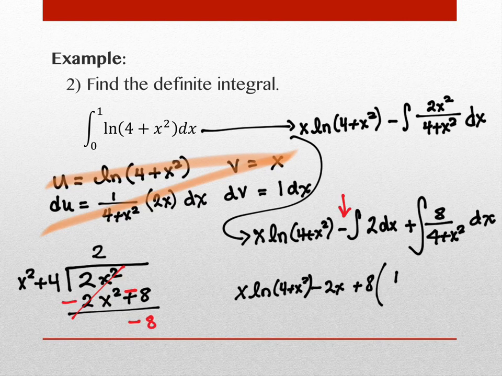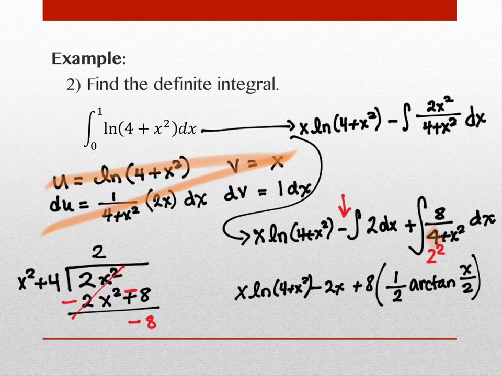Well, that's 1 over 2, because this 4 right here is 2 squared. Agreed? So the a is 2. So this is 1 over 2, and it's the arctangent of x, over that same 2. And then we got a plus c at the end. Oh, I'm not going to need my plus c's because I'm doing a definite integral.